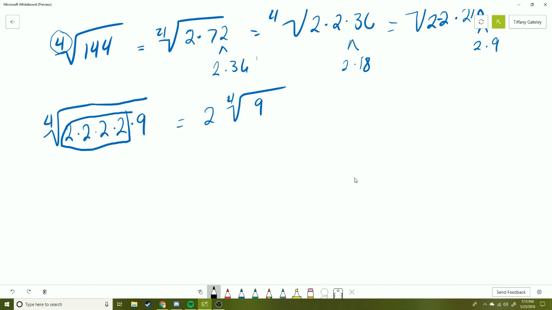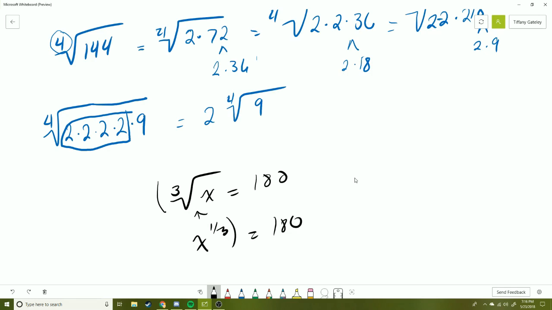If you're working with radicals in an equation, you can undo a radical. So let's say you have the cube root of x equals 180. Basically, I would rewrite this because this is x to the 1/3 equals 180.